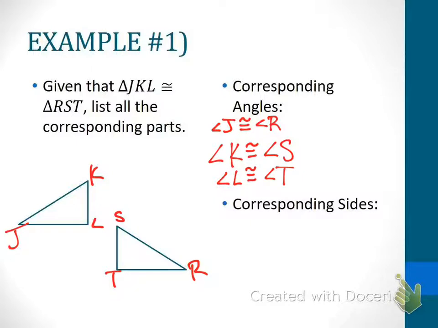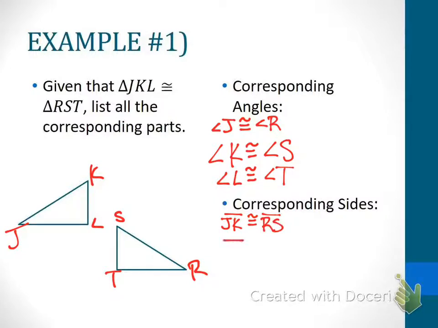The same kind of thing holds true for the sides. So if I start with side JK, that was the first 2 letters. When I go to my other triangle, I would be using what side? RS. Good. So side RS. Then we move on.